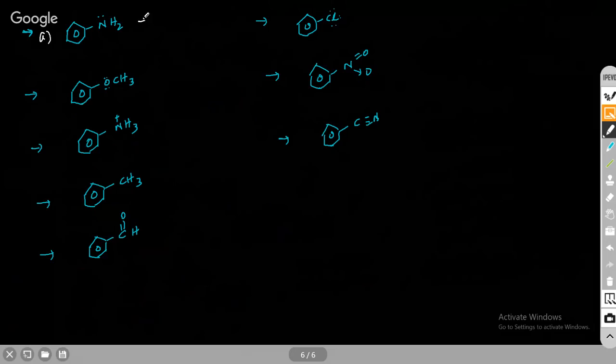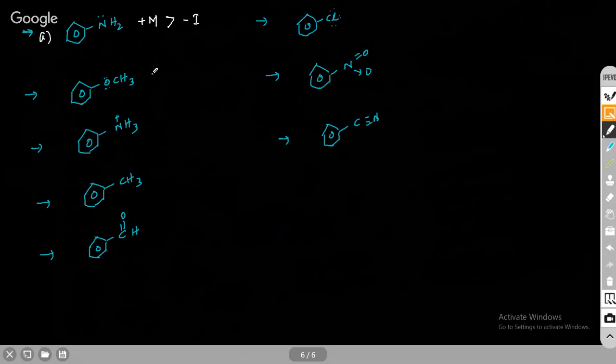You see, here we have plus M and minus I possible. Plus M is electron releasing. Yes, Purvik. Plus means electron releasing. Whether it is M or I, it is always electron releasing, electron donating. So plus M minus I. Why plus M? Because the first atom has a lone pair on it. And why minus I? Because nitrogen is more electronegative than this carbon. But we know plus M dominates minus I. Mesomeric effect dominates inductive effect.